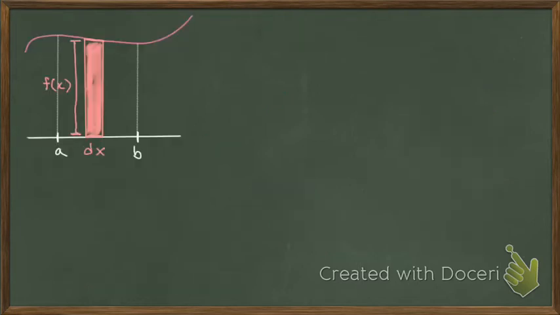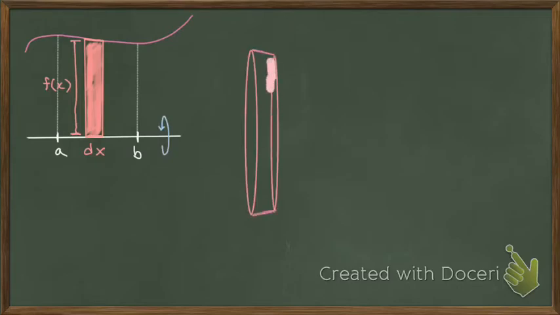So there's the same picture I just drew, and what I want to do here is show you what it looks like when I rotate that strip about the x-axis. I get a disk just like that. I've colored it in for you. So, what I want to do is describe the dimensions of this now three-dimensional disk.